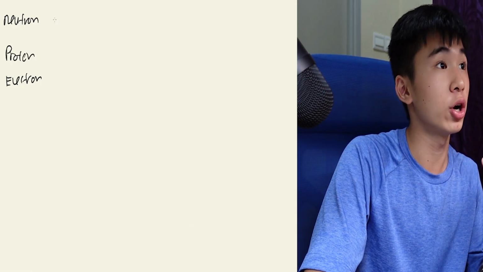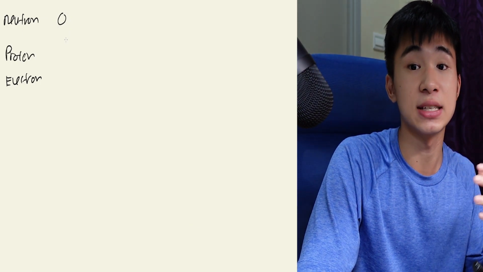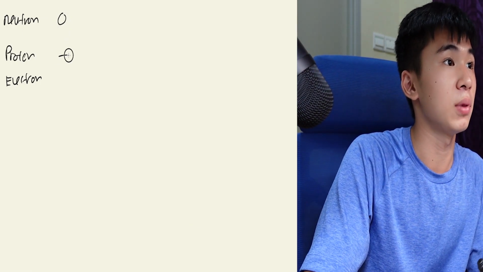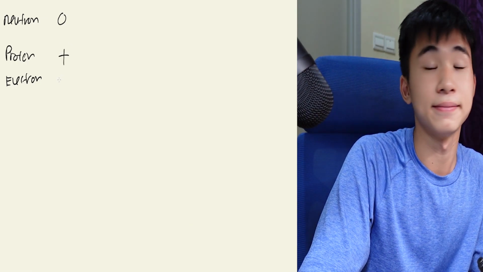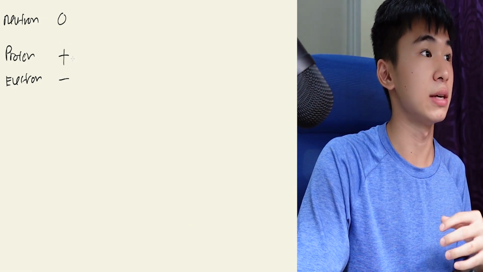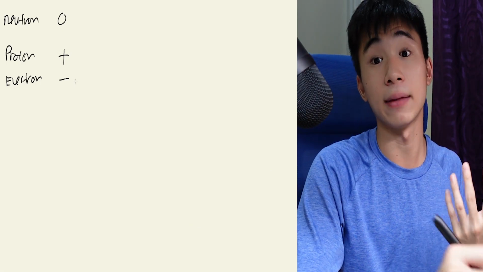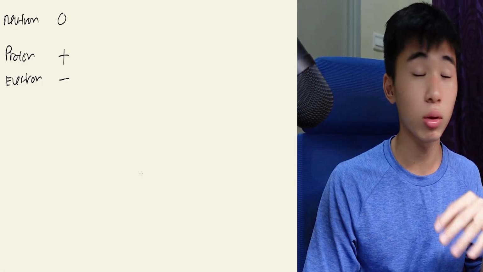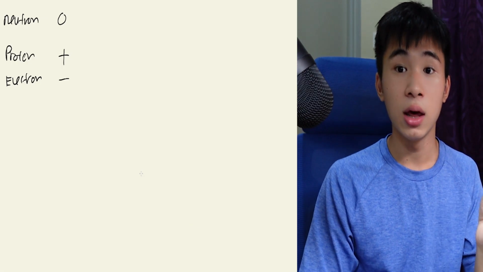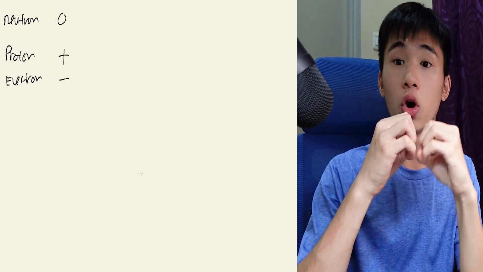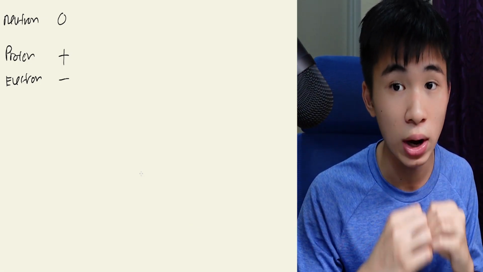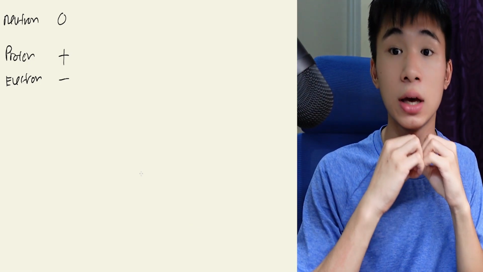Neutron has zero charge, which means it does not have a charge, proton is positive, and electron is negative. So the concept of an atom is that the proton and the neutron always stick together no matter what. In an atom we call it the nucleus.